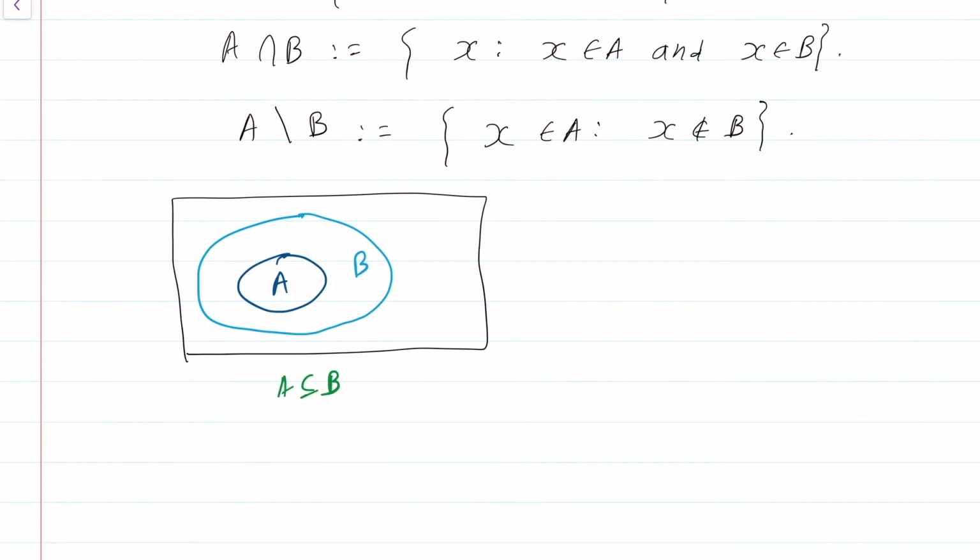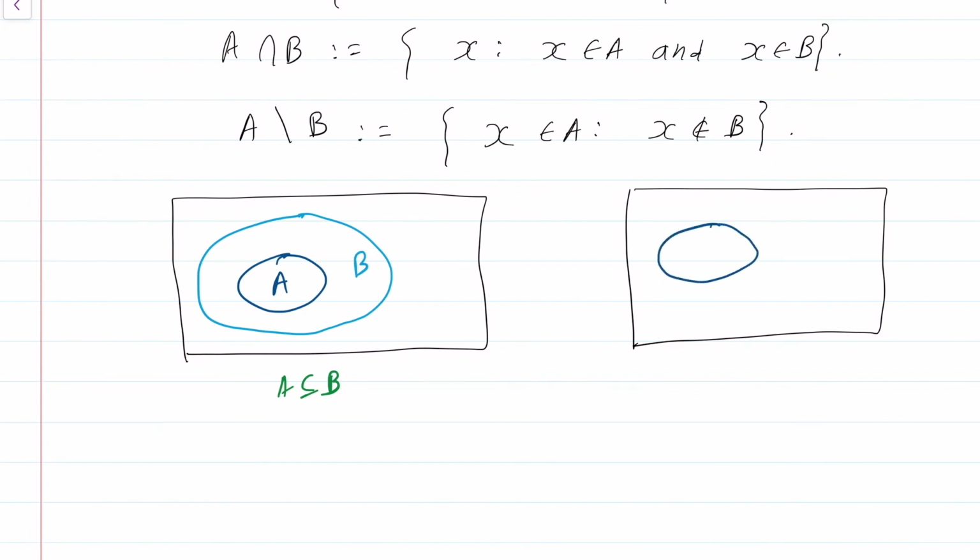Now for A union B, A intersection B and A minus B, you can illustrate them in the same figure in the following manner. Let's take this to be A and this to be B. This entire thing is the union.